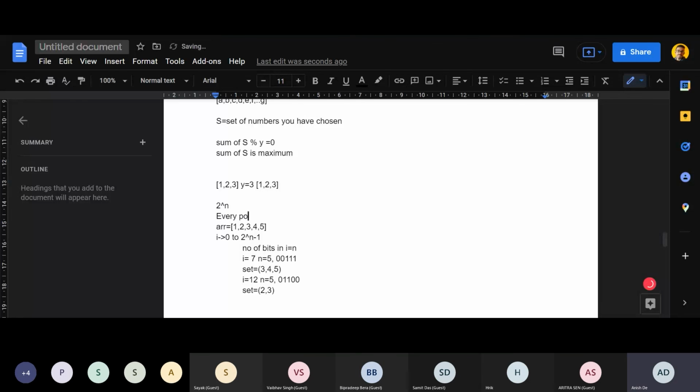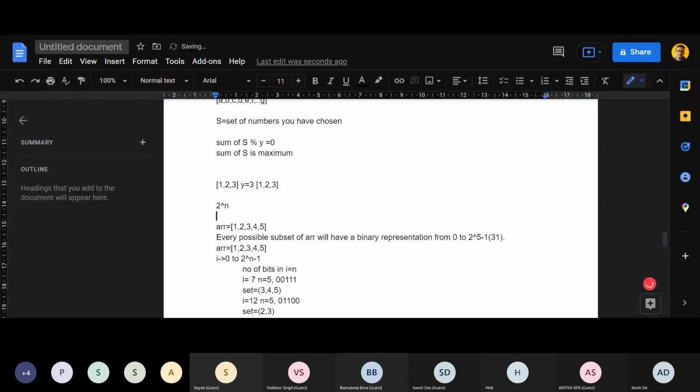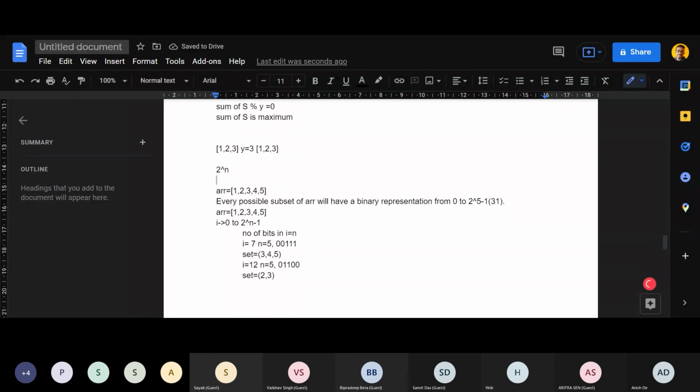Every possible subset of ARR will have a binary representation from 0 to 2 to the power 5 minus 1, that is 31, and ARR is a 5 length array. Is this sentence clear, right?